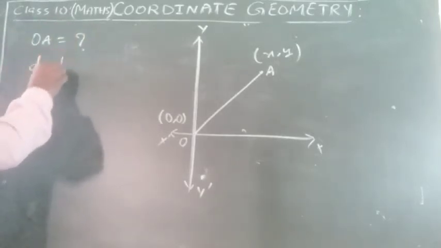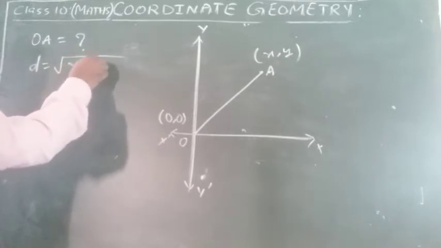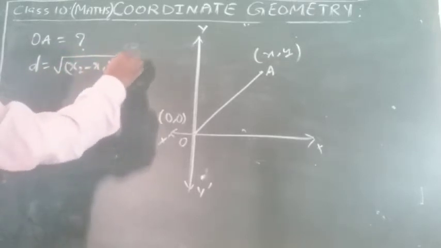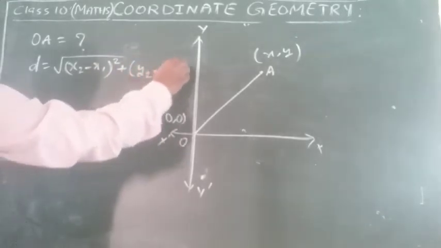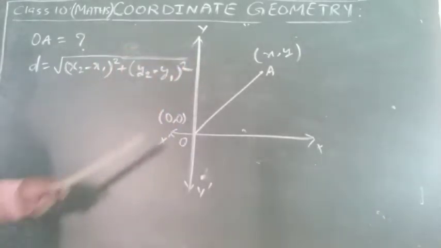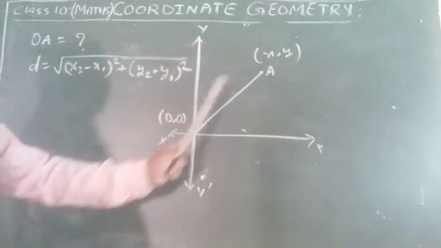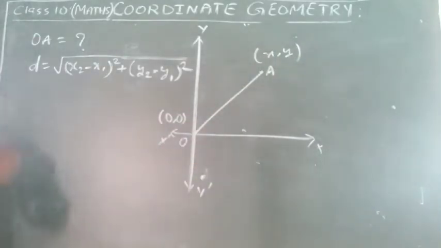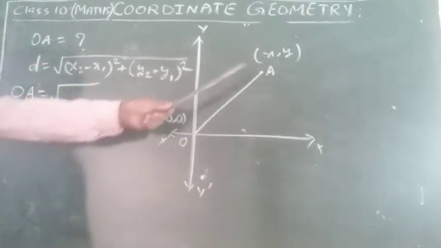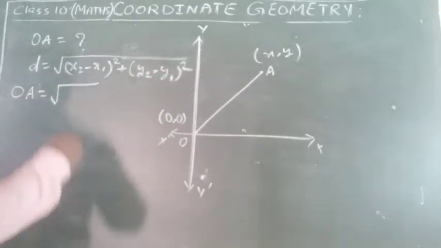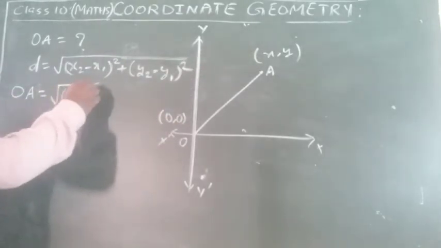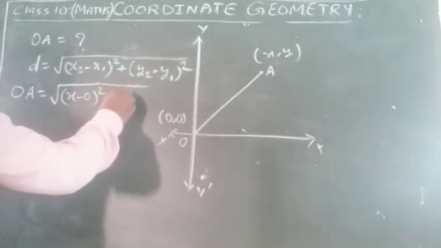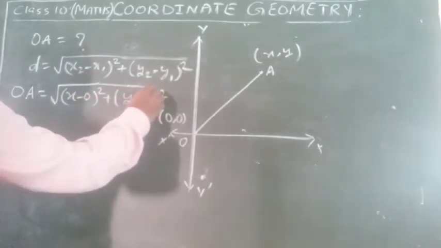By the distance formula, it is under root of (x2 minus x1) whole square plus (y2 minus y1) whole square. Clear? So the origin behaves like x1, y1, and A behaves like x2, y2. Putting all this in, OA equals under root of (x minus 0) whole square plus (y minus 0) whole square.